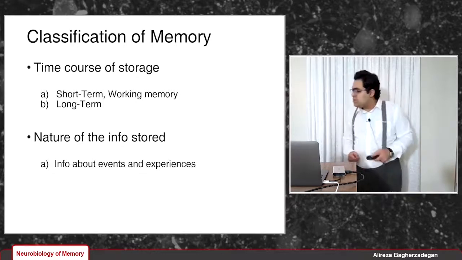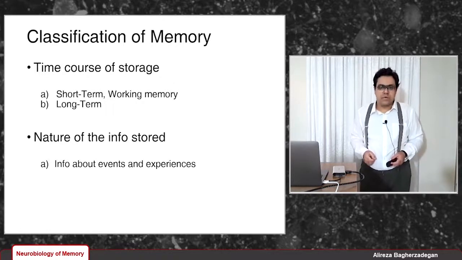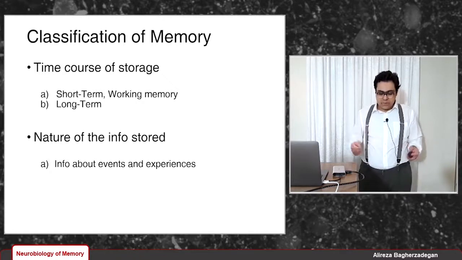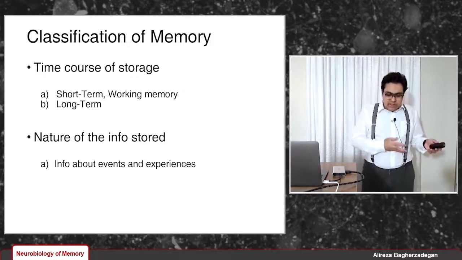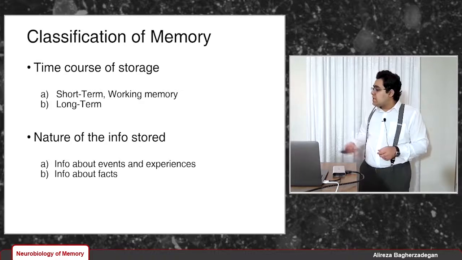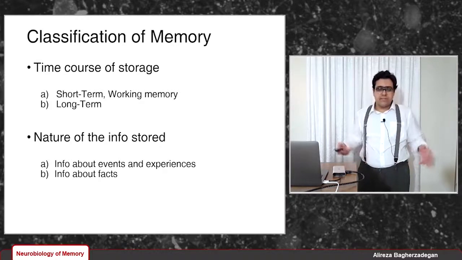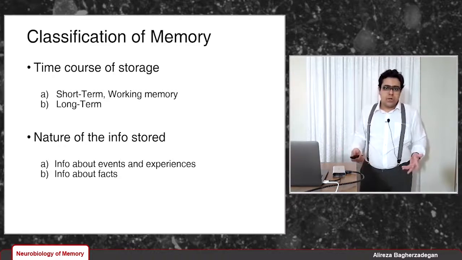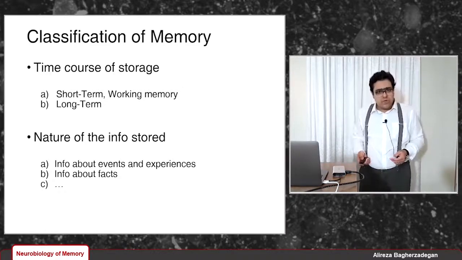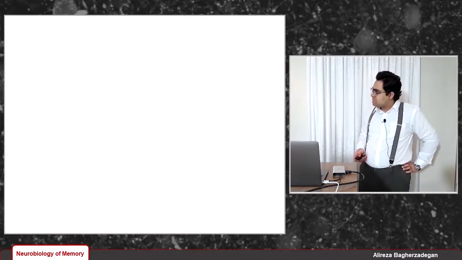For example, information about events and experiences, like your 10th birthday or your wedding party, is stored in a different type of memory than information about facts, such as names of people, names of places, or the definition of a word, and so on. And we have other types of information that are encoded in different types of memories. It's another way of classifying memory.